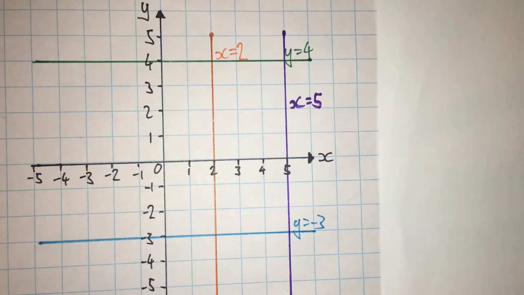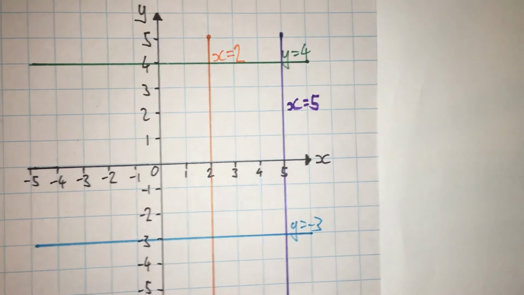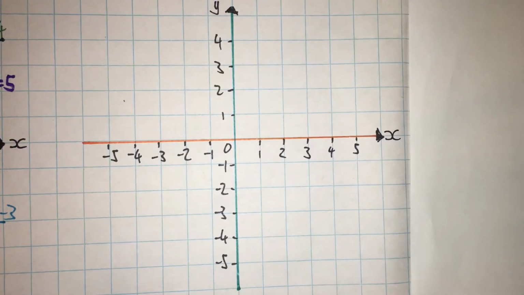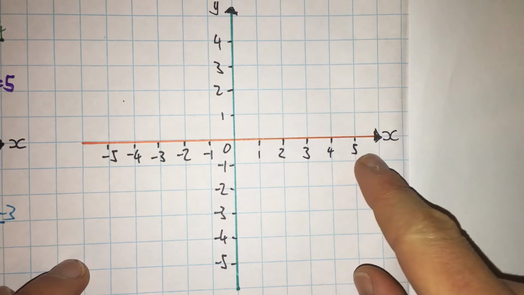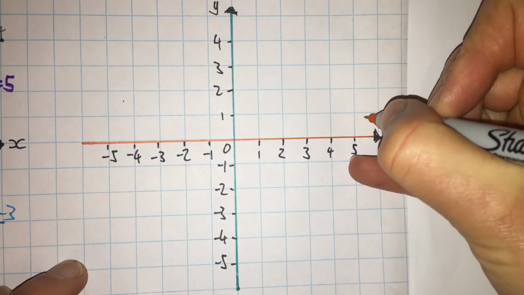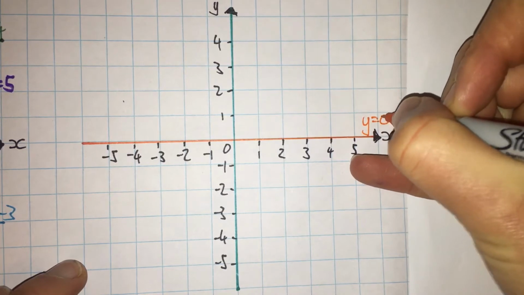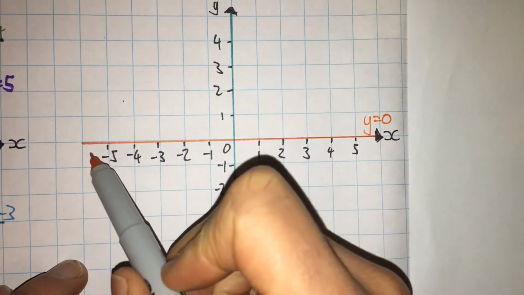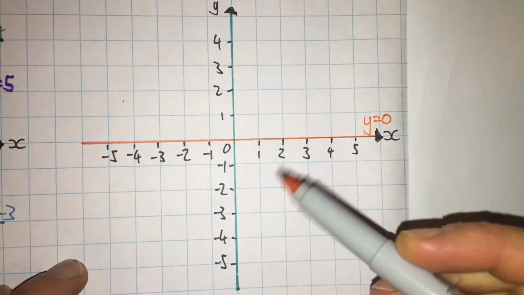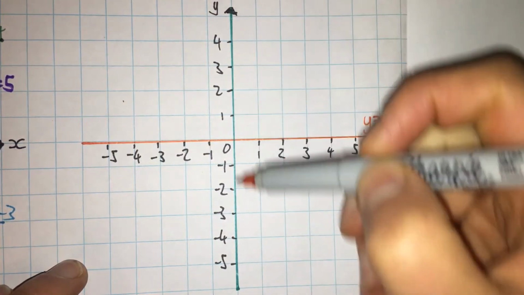I've got a second set of axes here to show you a few more key mirror lines that we use. If we take this orange line that sits on the x-axis, this is the line y equals 0 because it goes through the point where y equals 0. Now it also goes through the point when x equals 0, doesn't it?